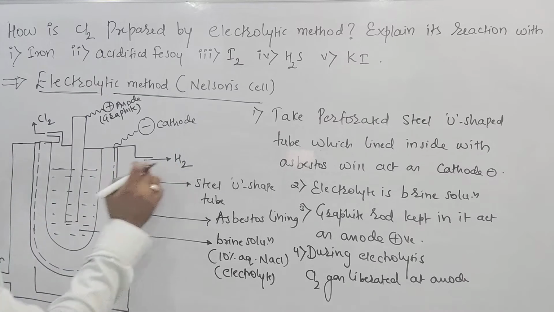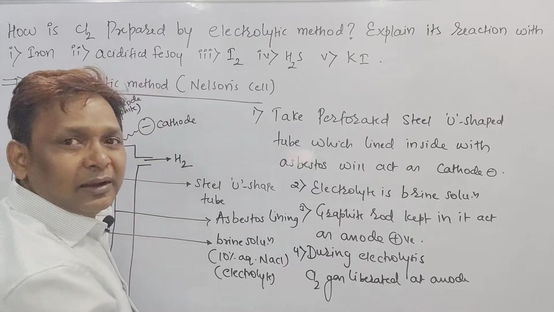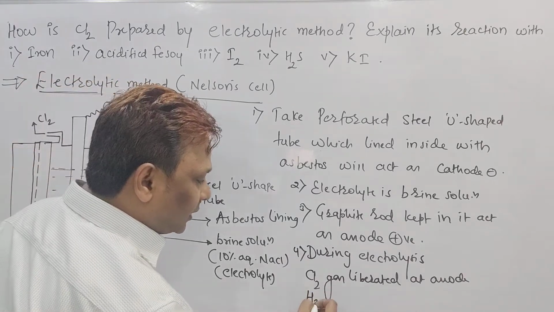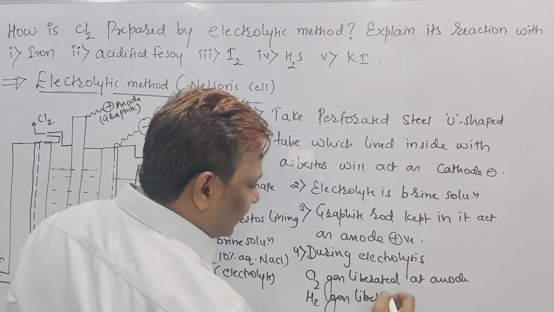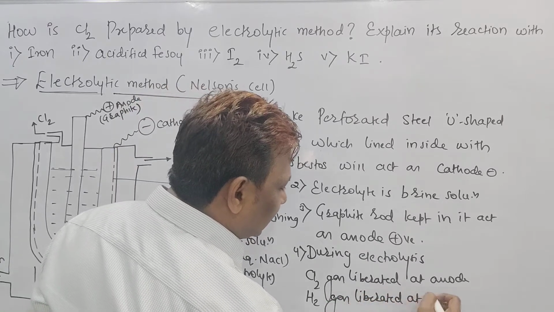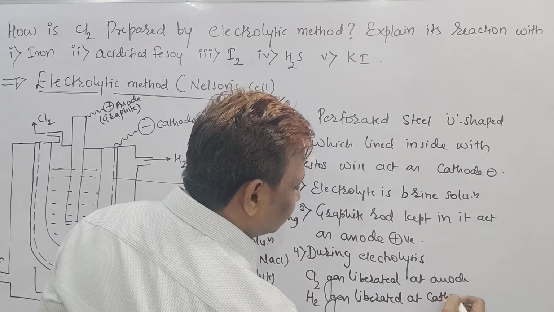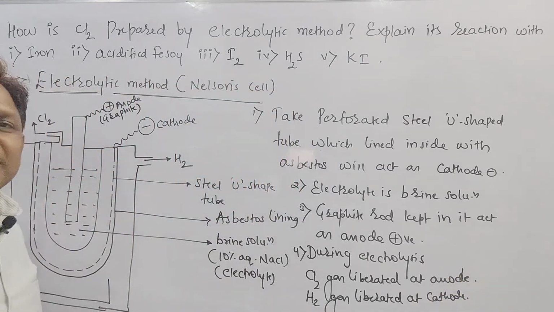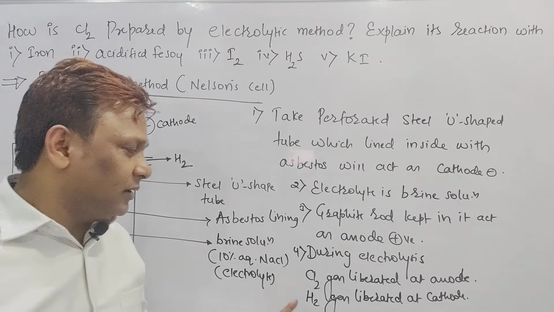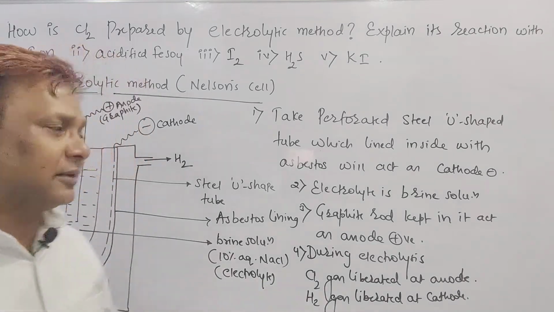From here H2 gas is liberated. Chlorine gas is liberated at the anode and hydrogen gas is liberated at the cathode.